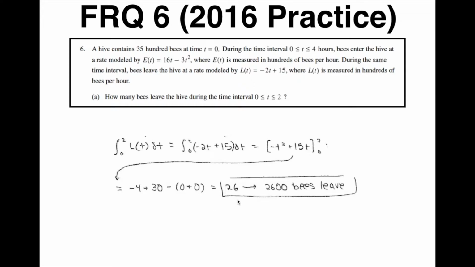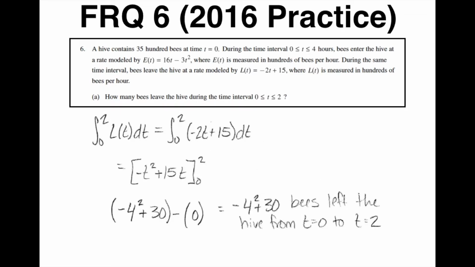Student A does a nice job of always explaining that this means 2,600 bees. So setting up the integral correctly was 1 point, and finding the answer was 1 point. Oh, sorry, integrating was 1 point, and finding the answer was 1 point. So nicely done, and 3 points that can quite easily be earned. It's not always that easy in these word problems with rates.